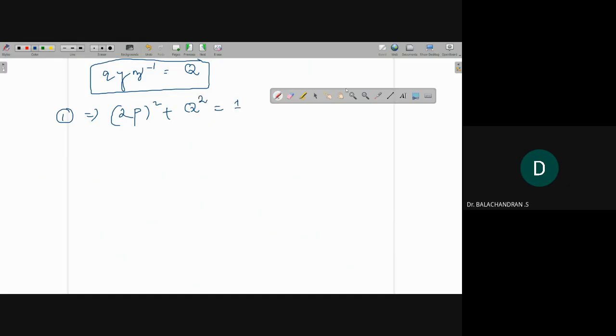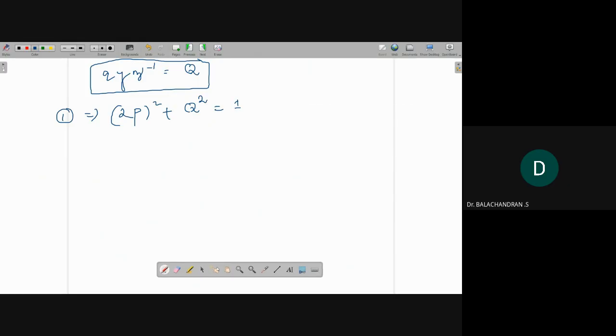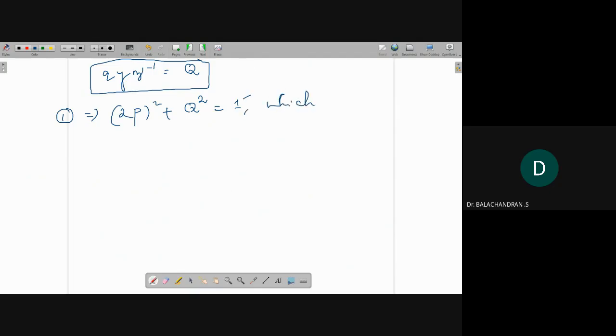I'll stop here because this is equation number 2, which is of the form function of P comma Q equal to 0. Okay, so I think you know how to solve this problem. That's why I don't want to proceed further with this problem.